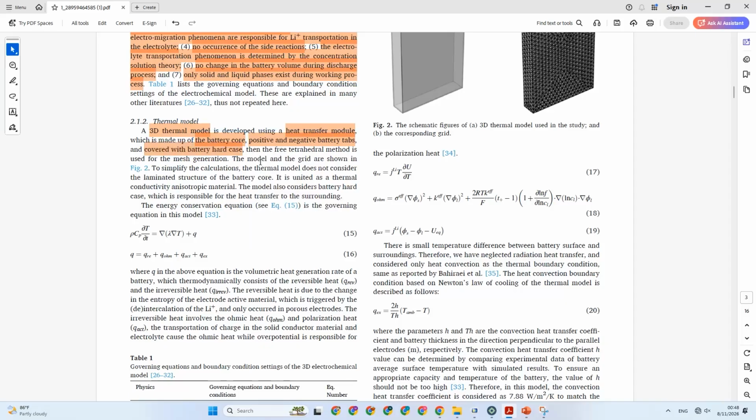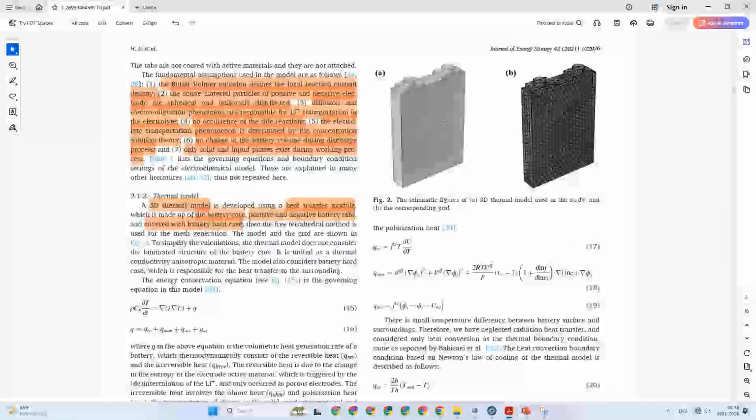It means we have a different case. Look at this, this talks about Fig 2. Here we have Fig 2. We can see the cover of that, the positive, negative tabs are here.